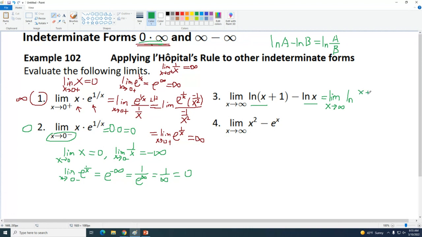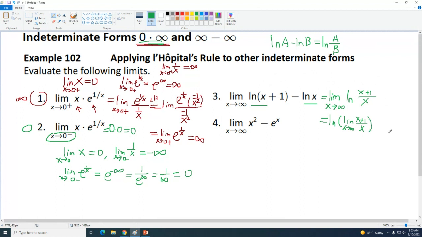So we have x plus 1 over x. Right? And then we see that ln is continuous, so the limit can be moved into the logarithm. So now we have ln of the limit of x plus 1 over x as x approaches infinity.